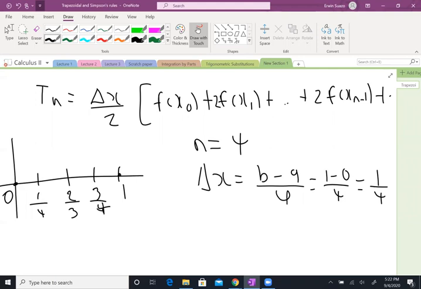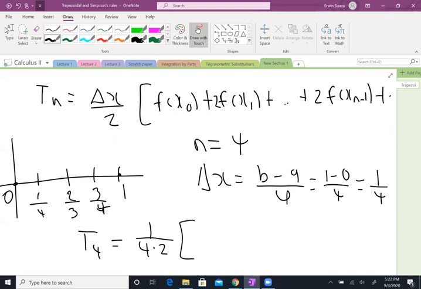So our formula for trapezoidal T4 is going to be delta x, which is 1/4, times 1/2, which is 1/8.